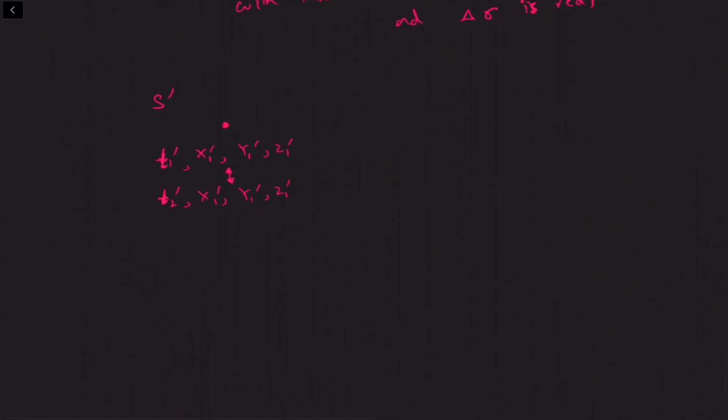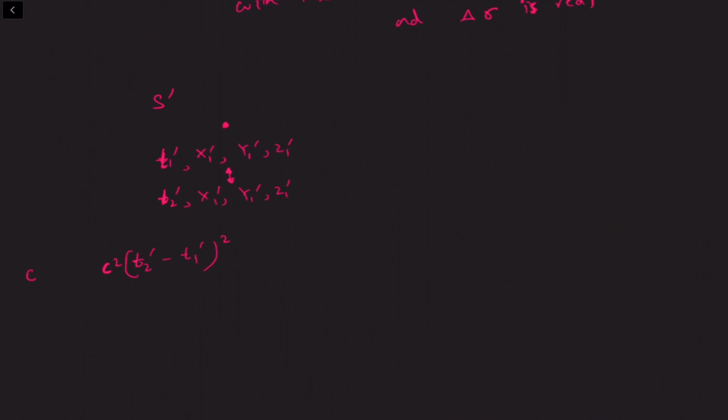So the spacetime interval between these two spacetime points is t2 prime minus t1 prime square times c square. And since the spatial parts are the same, the rest of the expression for the spacetime interval would be 0. So in this case, you can clearly see that the spacetime interval is positive.